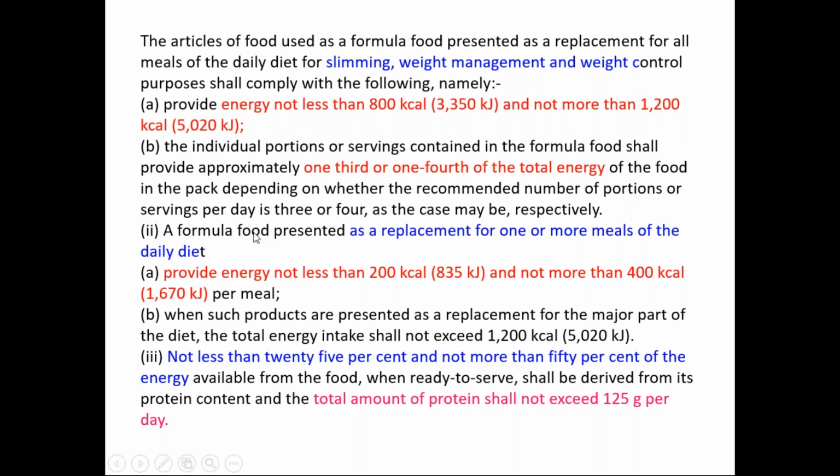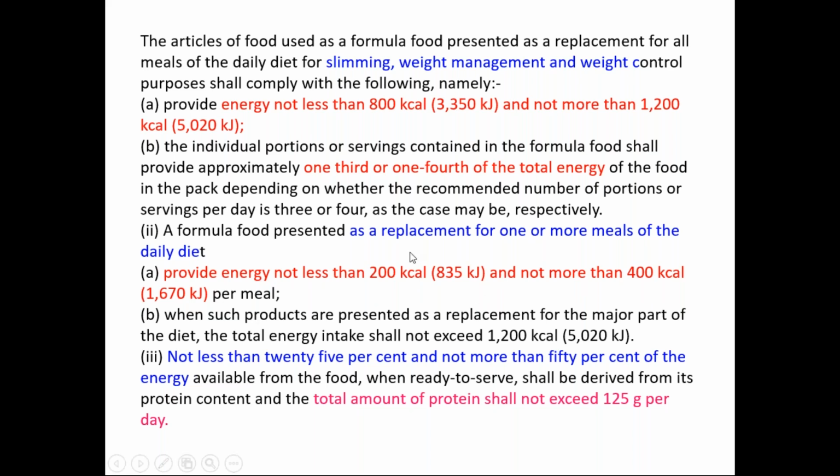A formula food presented as a replacement for one or more meals. You will see this in the obesity foods, and for those whom the doctor has prescribed that they should lose weight because of heart problems or they've had heart surgery, it should provide energy not less than 200 kilocalories and not more than 400 kilocalories.